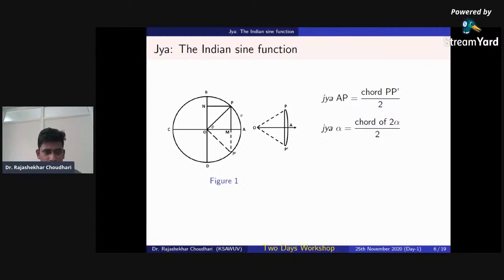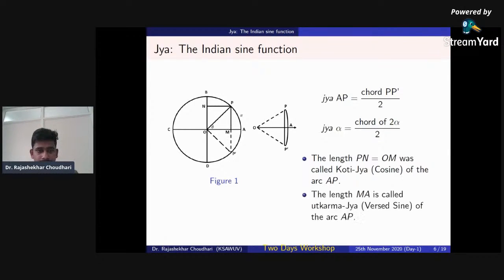We have one more term defined by Indians, called Utkarmaja, that is MA, which you can see in figure 1. This MA is the versed sine, defined by OA minus OM. We know OA is the radius of the circle, and OM is the Kotija, the cosine function.